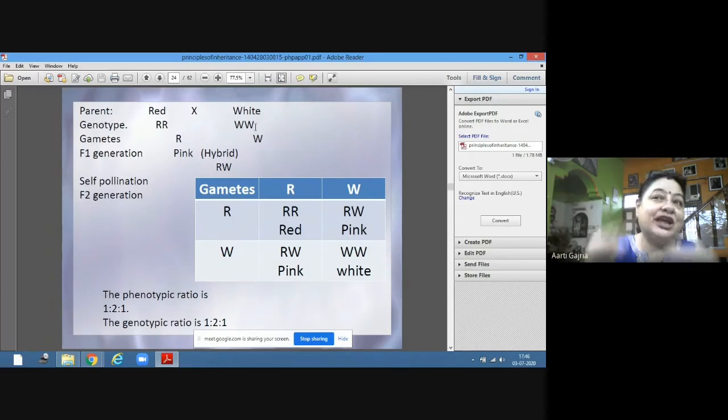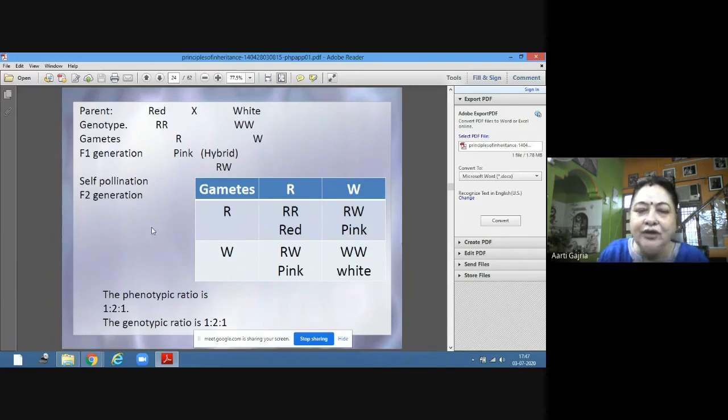So we cannot say that white is completely recessive. So it is not written in small letters, it is written in capital letters. So capital R, capital W. So here the gametes would be capital R, capital W. Now what would be the hybrid? Capital R, capital W. And this is pink in color, which does not resemble either of the parents.